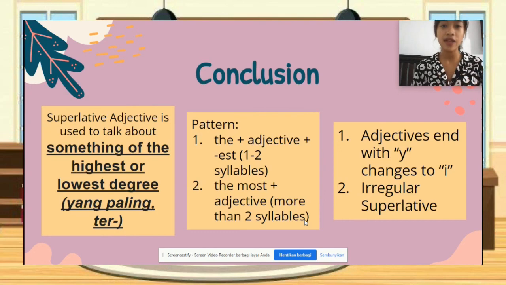Irregular superlative tadi ada bad menjadi the worst, good menjadi the best, and then the little menjadi the least, etc. Kita sudah belajar 3 hal, yaitu tentang superlative adjective, patternnya, adjective ending with Y change into I, dan beberapa irregular superlatives.